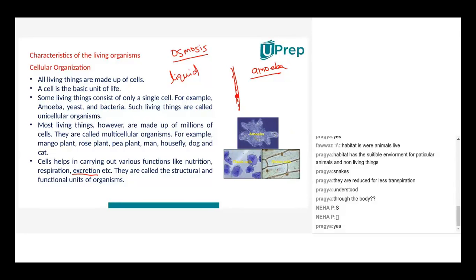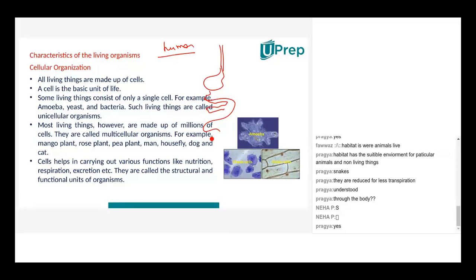Through this semi-permeable membrane, it excretes out certain liquid. This is how it takes water also and it excretes out its waste. This is osmosis, right? And in human beings, how does excretion happen? We have a very exhaustive digestive system. We have the small intestine, we have the large intestine.